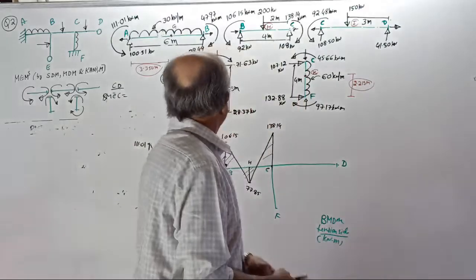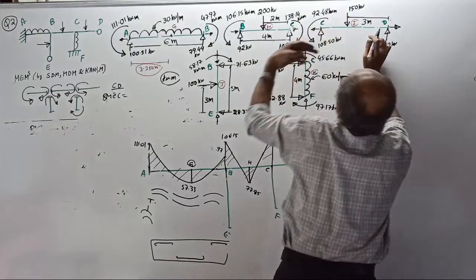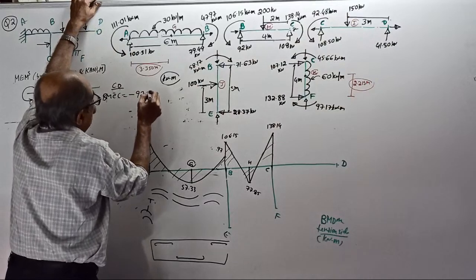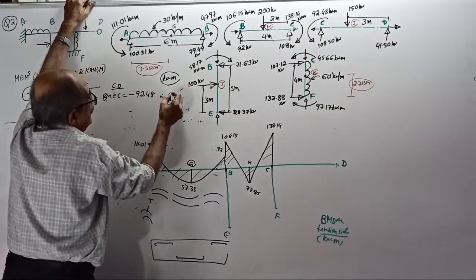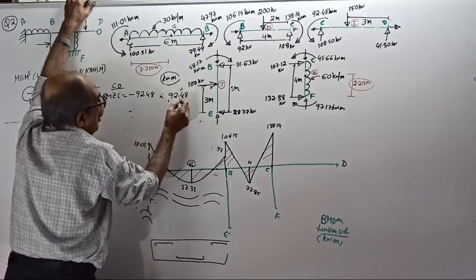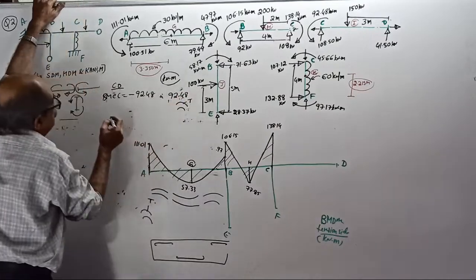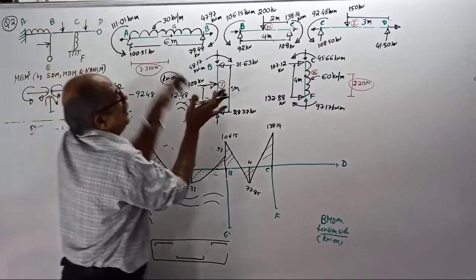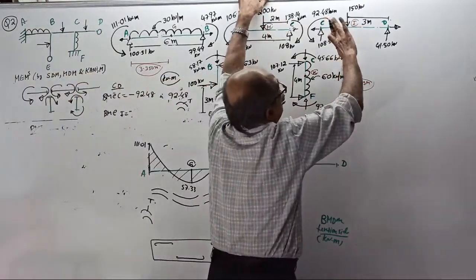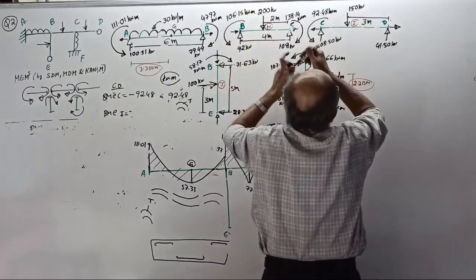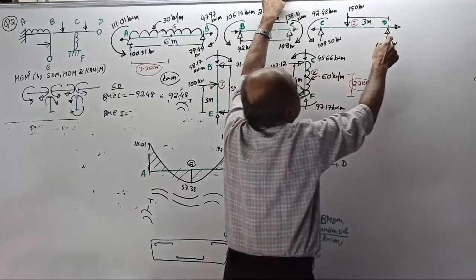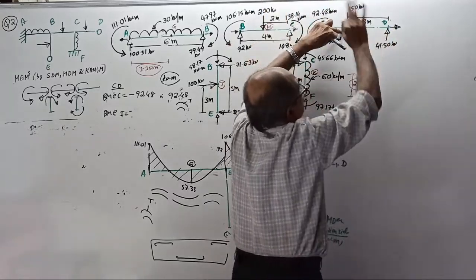Okay. Now, come to CD member. BM at C here. Minus 92.48. That is 92.48 hogging, tension top. Then BM at I. Here, I think it is better to look right side. If you look left side, you have to consider the couple and reaction. If you look right side, you have to consider only the reaction.